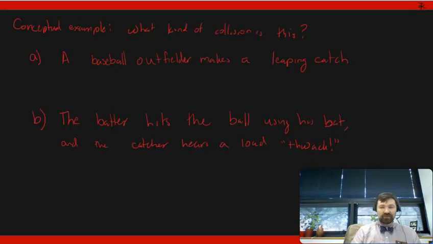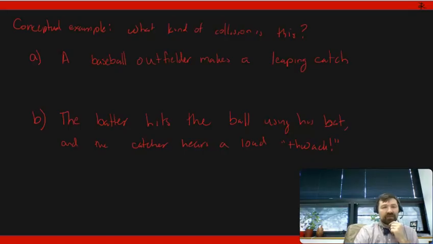Second kind of collision. Same game, we're still playing baseball. The batter takes a swing at the baseball and hits it with his bat, and the catcher and umpire and whoever else is nearby hears a very loud thwack when they hit. Okay, so what kind of collision is this?